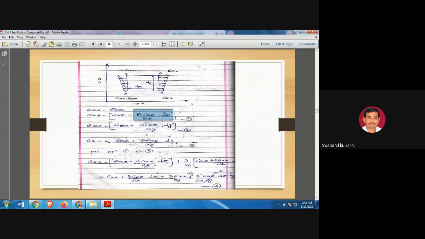That's why this particular additional part we are adding there. Is it okay? On screen you can see this is the additional part which we are adding in sigma xx.